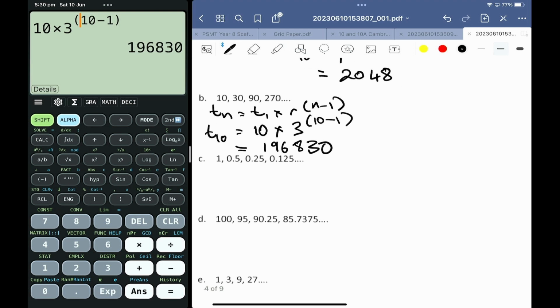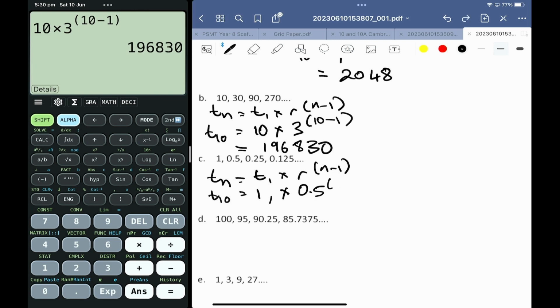All right, question C. Same deal. Start with your formula. The n in this instance is 10 because we're looking for the 10th term. The first term is clearly 1. The ratio, it seems to be halving each time. So that is a ratio of a half, 0.5.